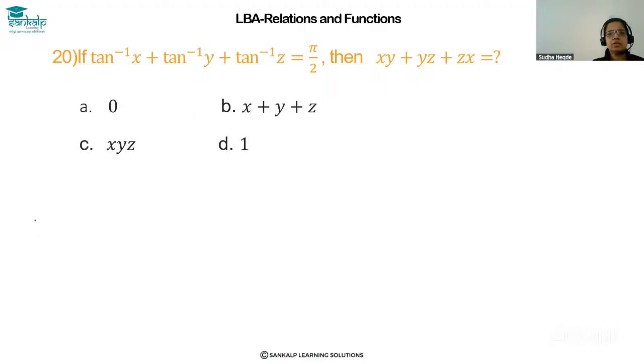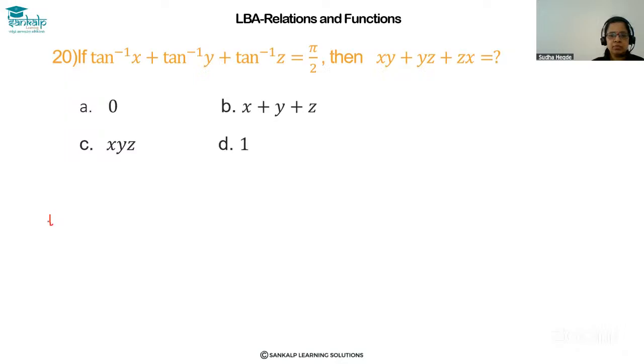Hi students, the question is, if tan inverse x plus tan inverse y plus tan inverse z is equal to pi by 2, then xy plus yz plus zx is equal to, option A 0, option B x plus y plus z, option C xyz, option D 1.